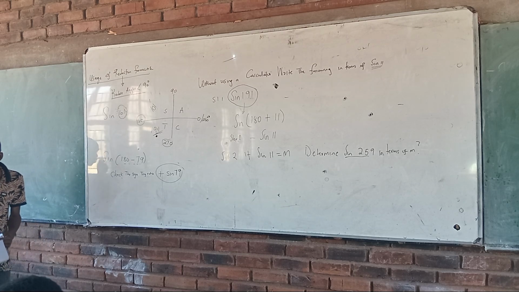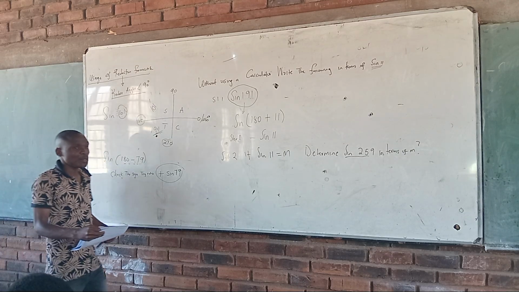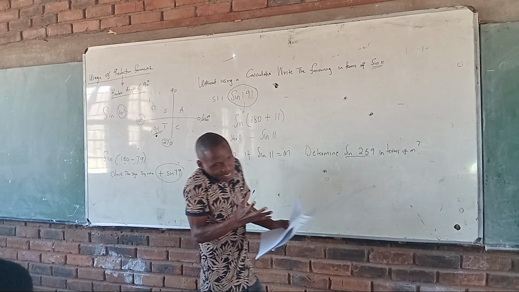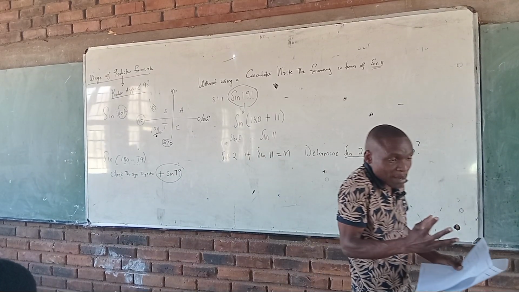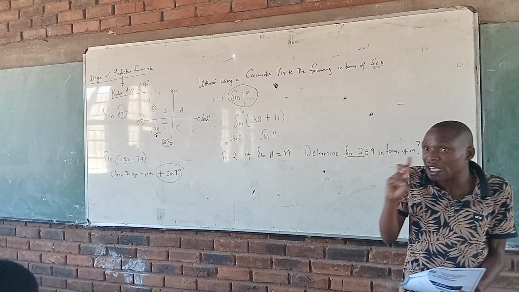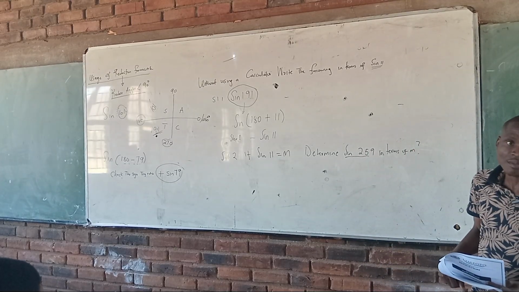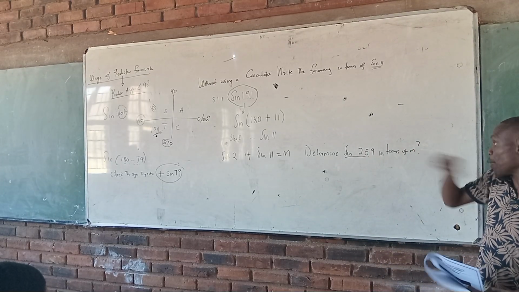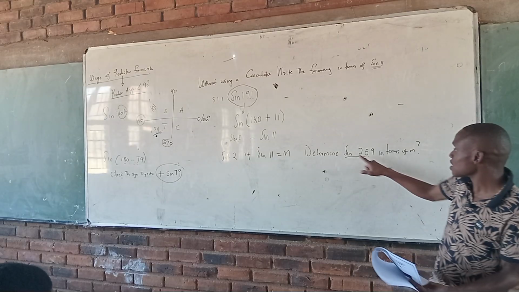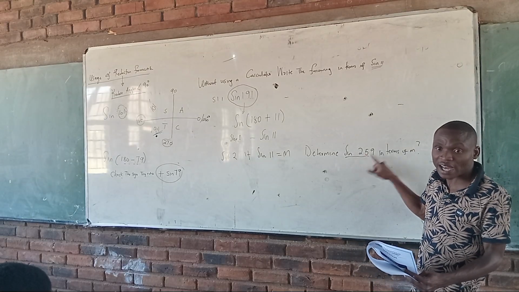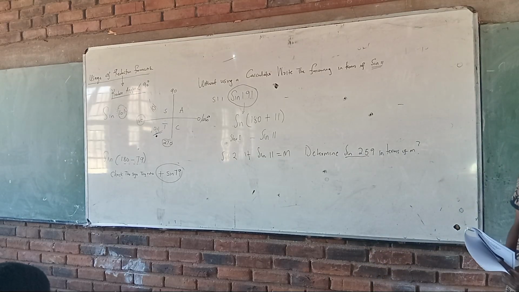And this is where you take these 2 marks, 3 marks, which are easy. Because trigonometry can get complicated sometimes, but you have to look for the easy part of it. This is where it is easy. Sine 11 is m. What about sine 259 in terms of m?